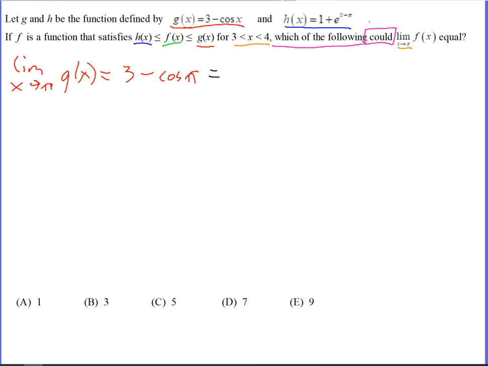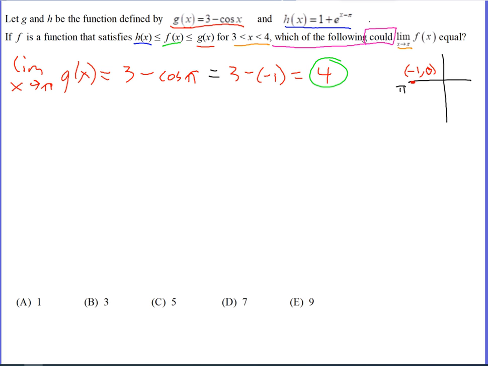Cosine of pi, draw that over here. Pi is right here. And cosine, remember, is the x-coordinate. That would be negative 1 right there. So that'd be 3 minus negative 1. 3 plus 1 gives you 4.